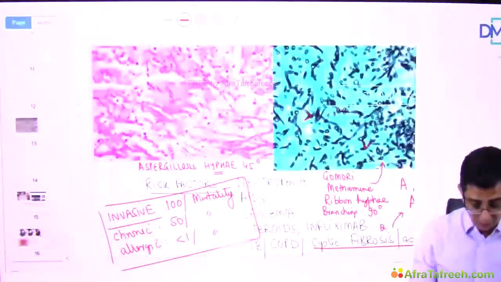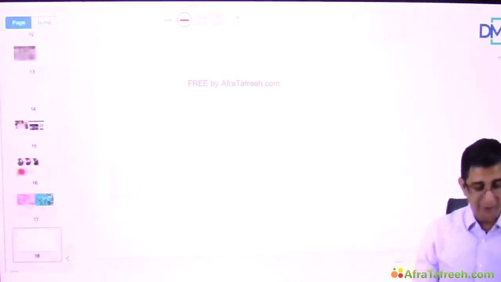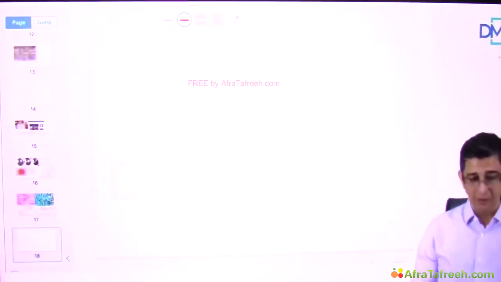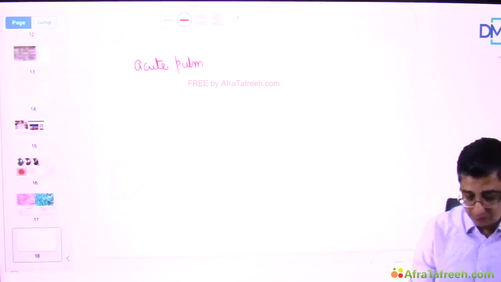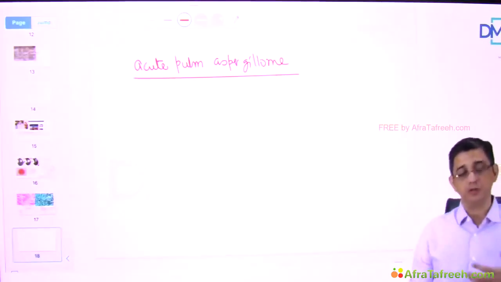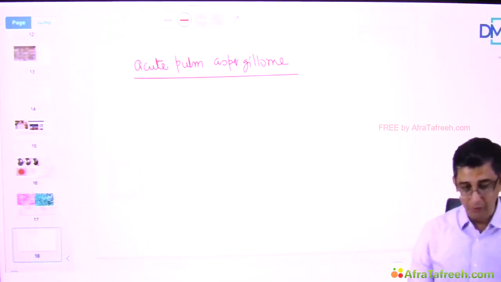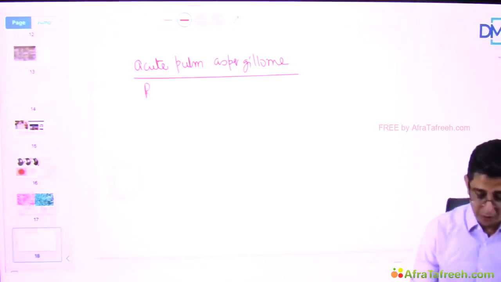Let's now look at the important aspects from the clinical domain for these patients. We will first talk about what's going to happen to a patient who has an acute pulmonary aspergilloma versus a chronic pulmonary aspergilloma. In acute pulmonary aspergilloma, lots of times death may occur before the diagnosis is made, so we need to be a little fast in our diagnostic skills.